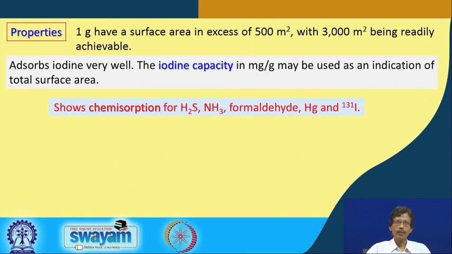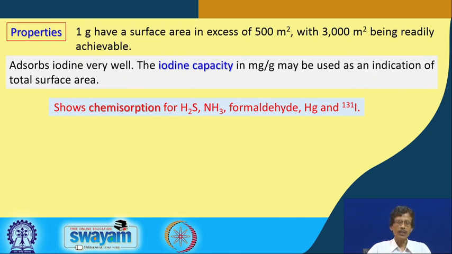Not only iodine, but also other chemicals and gases like H2S and ammonia can show chemisorption. Chemisorption is a chemically adsorbed form, with chemically useful bonding, hydrogen bonding or anything else. They are chemically interacting, not the physical adsorption. Physisorption is a different type from chemisorption.